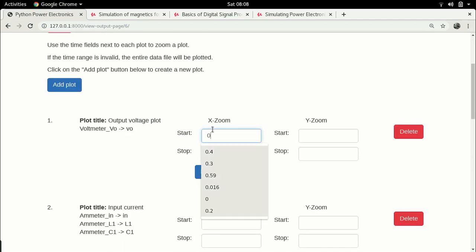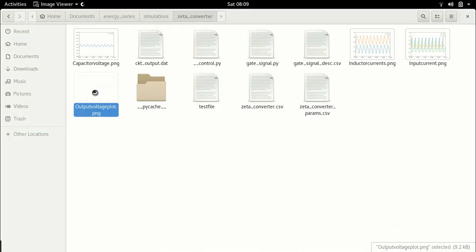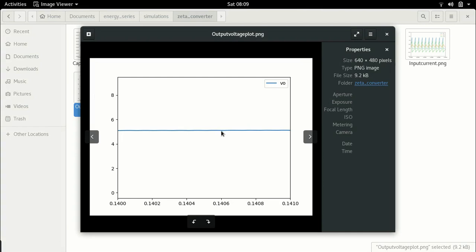So my X zoom will be 0.14 and 0.141. Let me plot this. So this is the output voltage. Let us zoom in between 4.5 and 5.5.